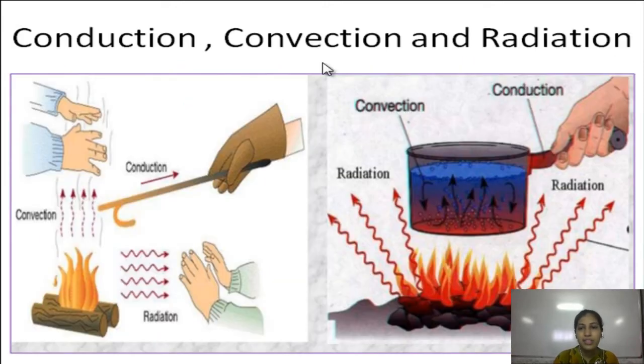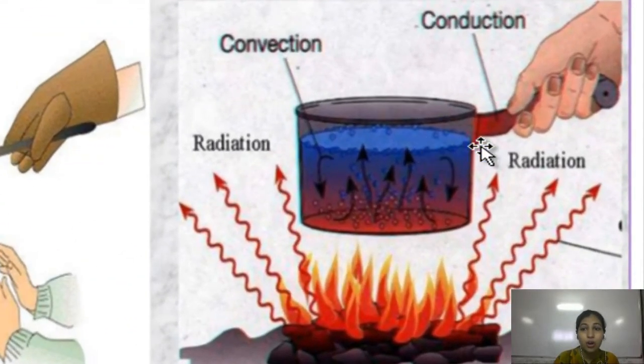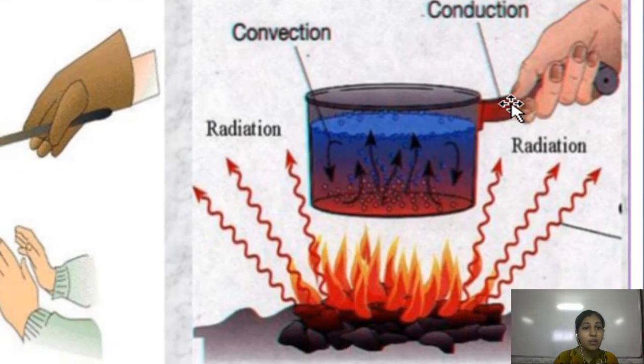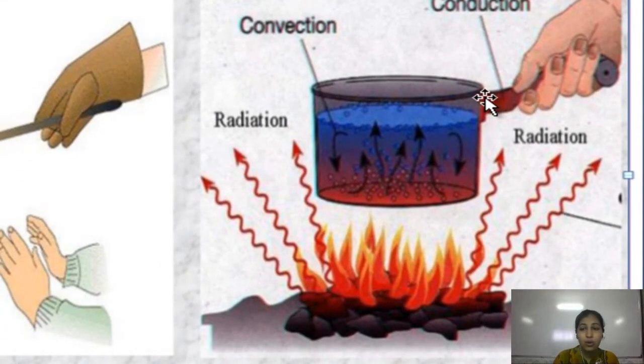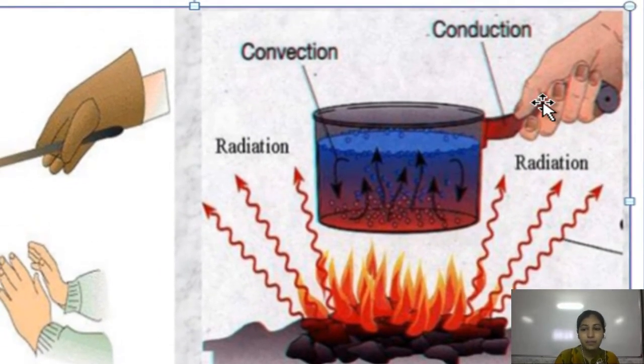So we have gone through the process of transfer of heat. In that we have studied conduction, convection and radiation. What is conduction? The transfer of heat from a hot object to a less hot object when they are in contact is called the conduction of heat. What do you mean by convection?